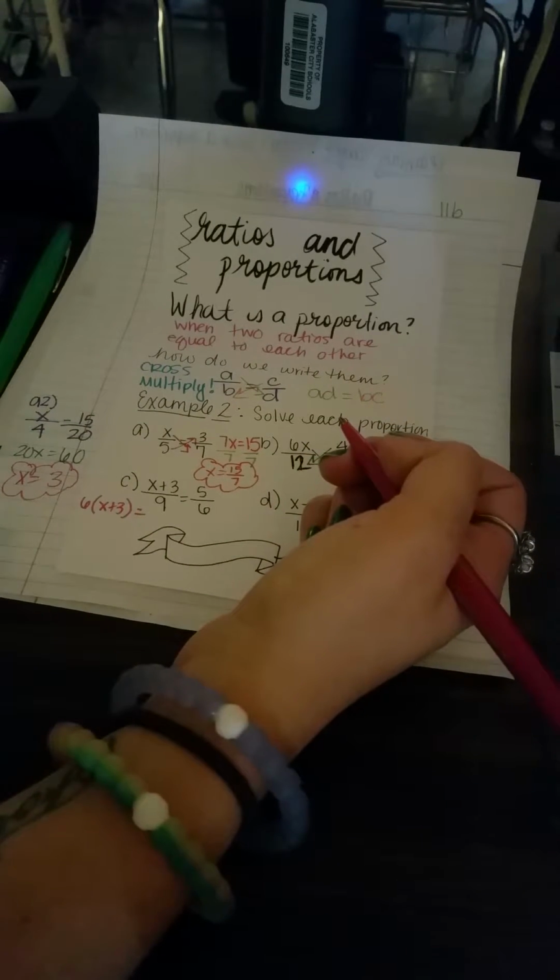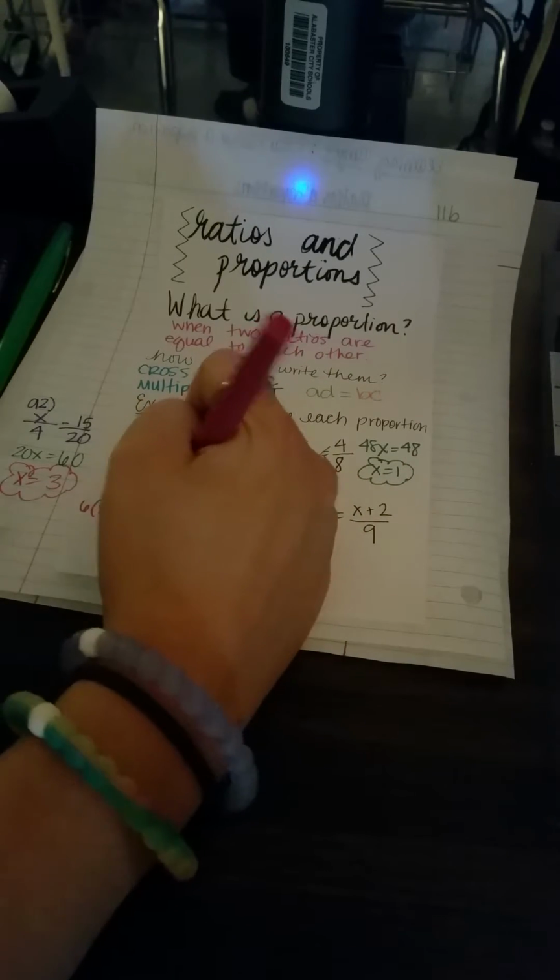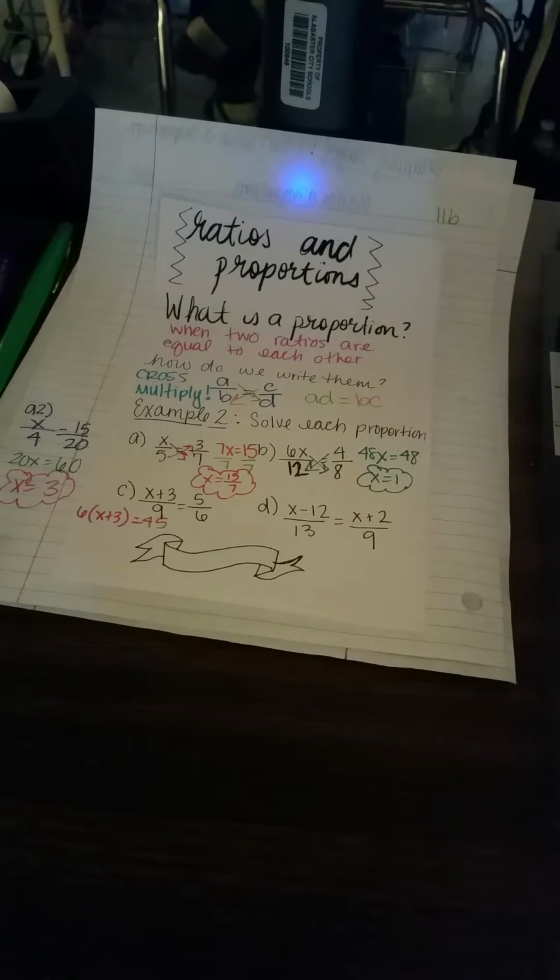Then we multiply 5 times 9 and we get 45. How do you know how to do that? Because if it's not a number, or if it's not just a letter by itself, you put it in parentheses. From there, how do we get rid of the parentheses?